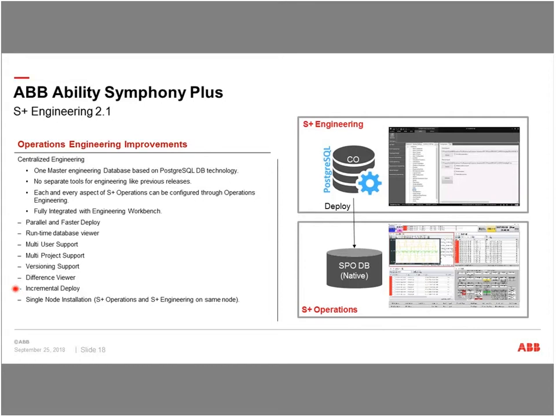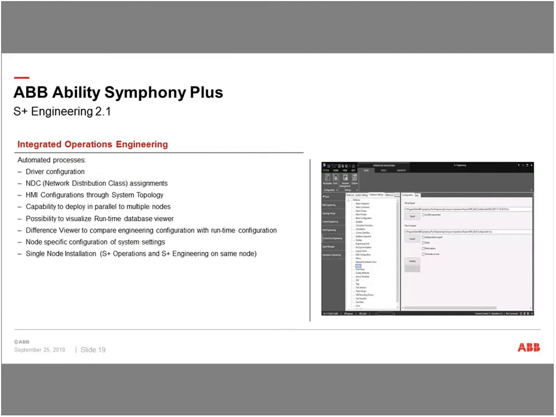That's what we call incremental deploy. And there's a function to compare what's in the engineering station and what's in the runtime server. It can tell the difference, and then you can make a correct judgment.